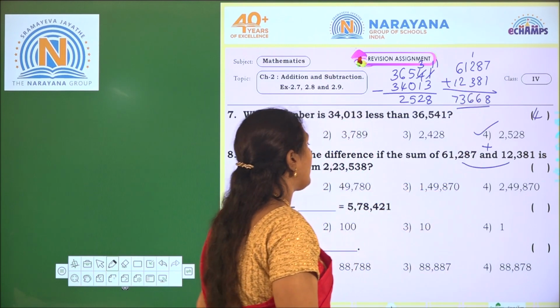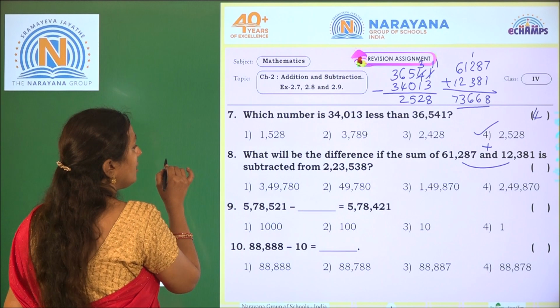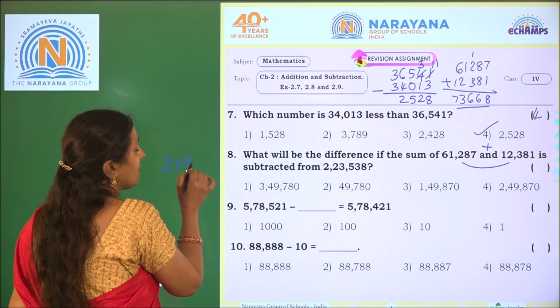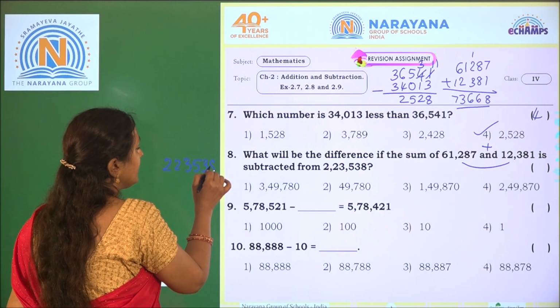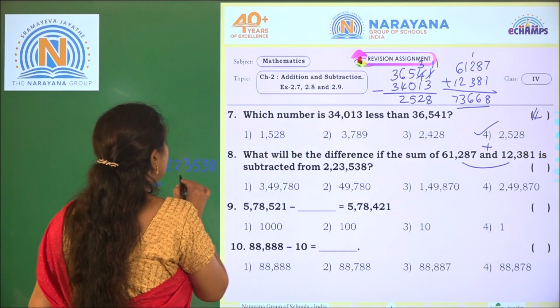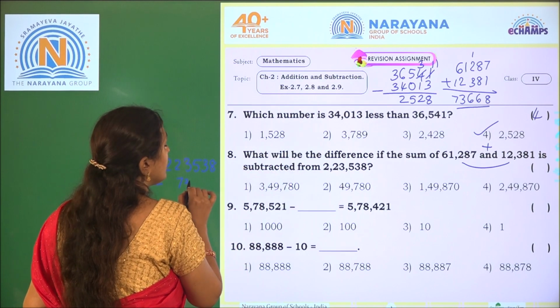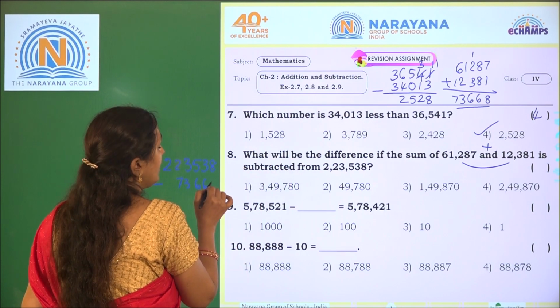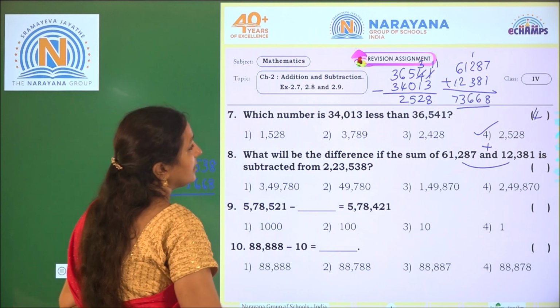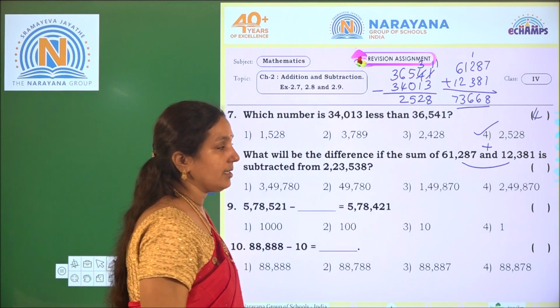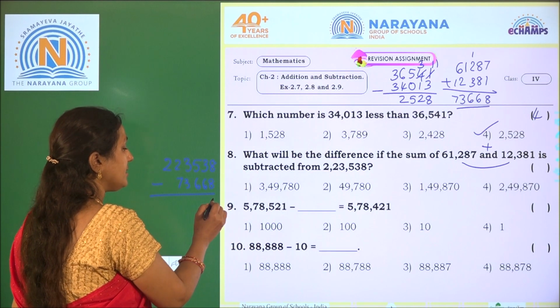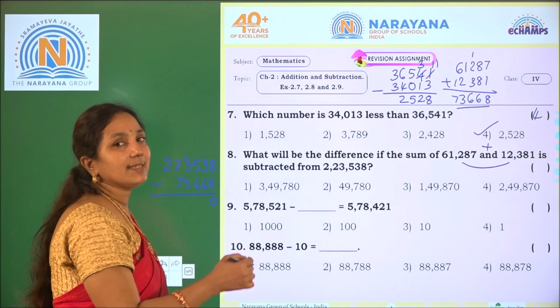Now we have to subtract. 2,23,538 minus 73,668. So we have to subtract. 8 minus 8 is 0. 3 minus 6 can we?